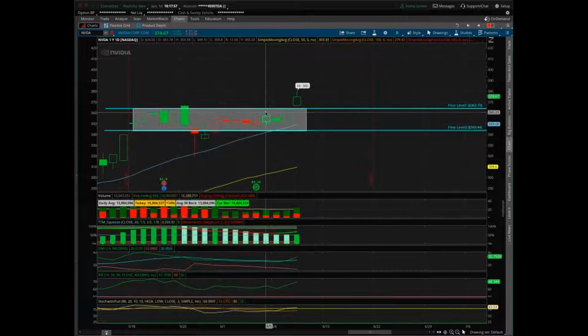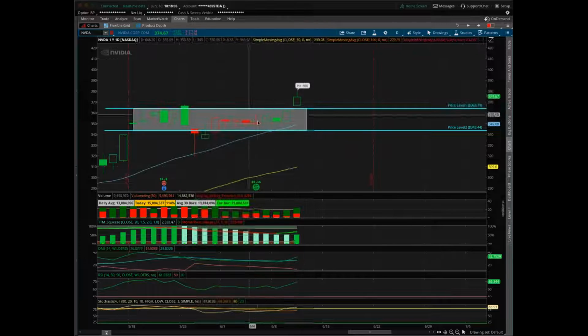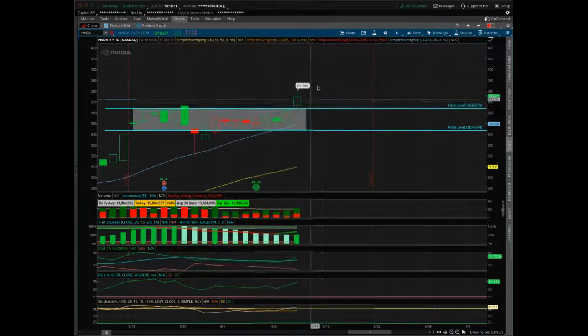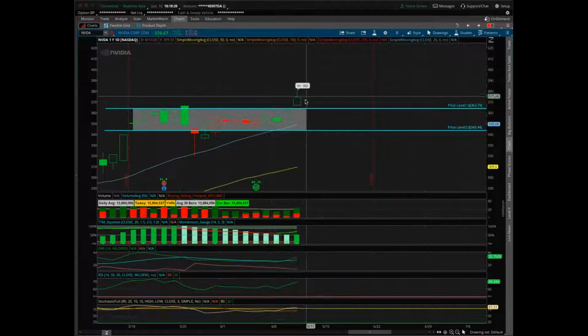An accumulation for 16 days is not going to just pop 20 bucks, 30 bucks, and then fizzle out. This accumulation is saying, hey, they're accumulating all these shares. We should pop and start running. So this accumulation should make us push higher.